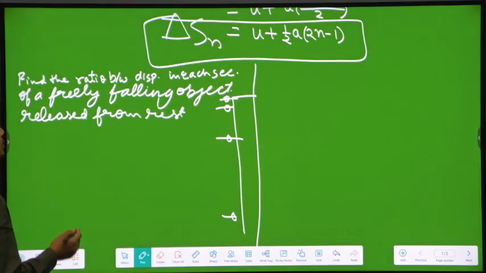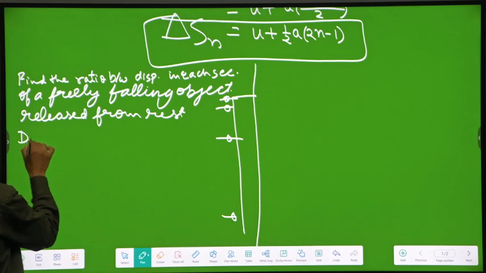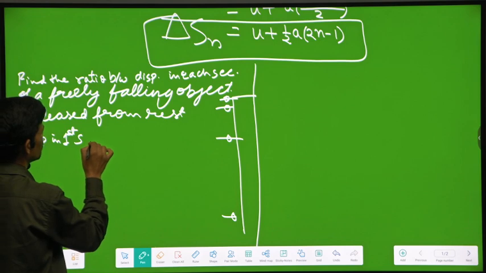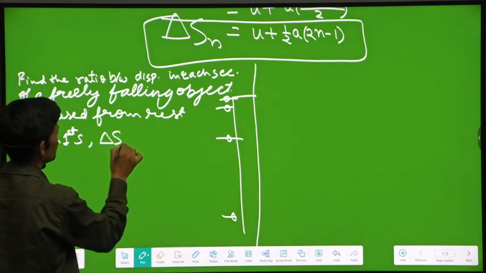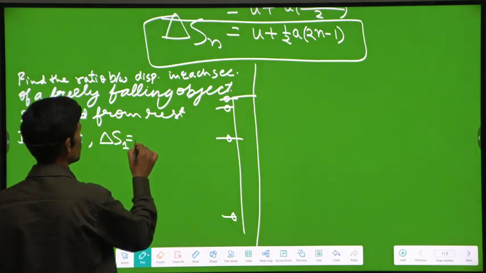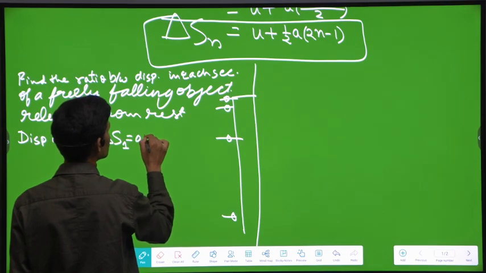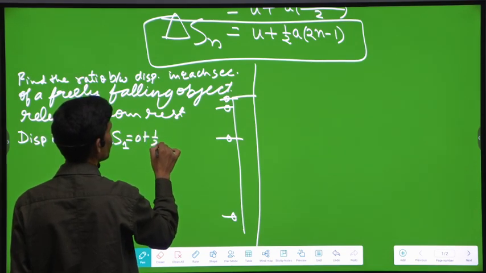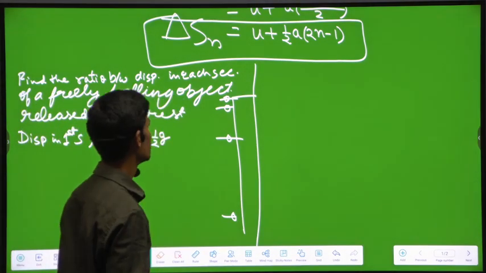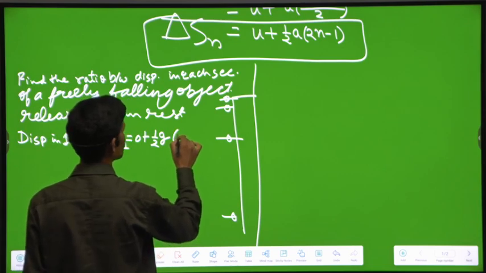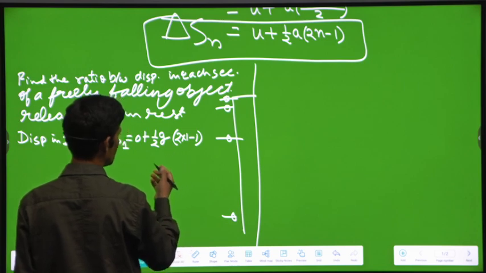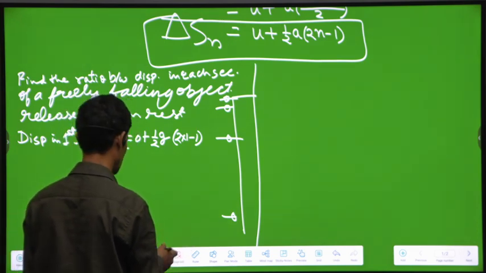First of all, we will say that displacement in the first second, delta S1, as I have designed this, will be u is 0, half g, acceleration due to gravity, that is g, 2 multiplied by 1 minus 1, that is 1. So that will be g by 2.